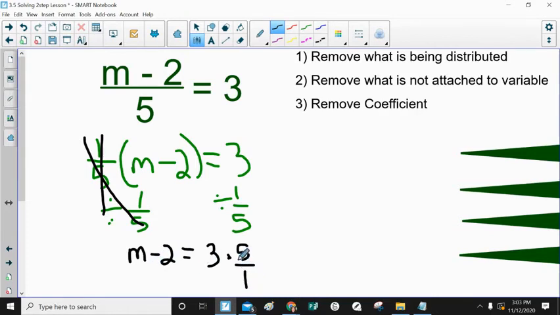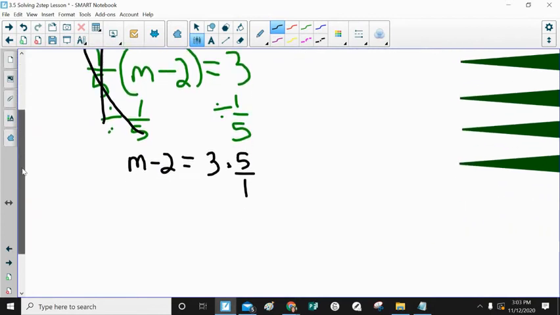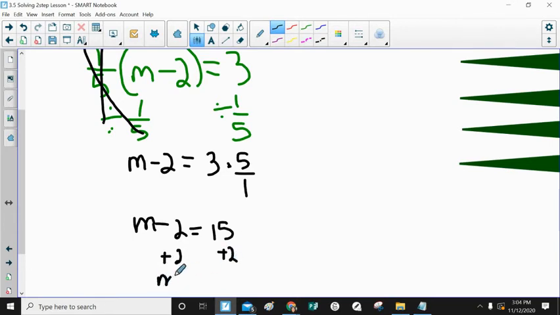And 3 times 5 is 15. So I'm left with m minus 2 equals 15. Well, now I have to think back. I have to get rid of the term that's not attached to my variable, the minus 2. And to get rid of that, I'm going to add 2 to both sides. And I'm left with m equals 17.